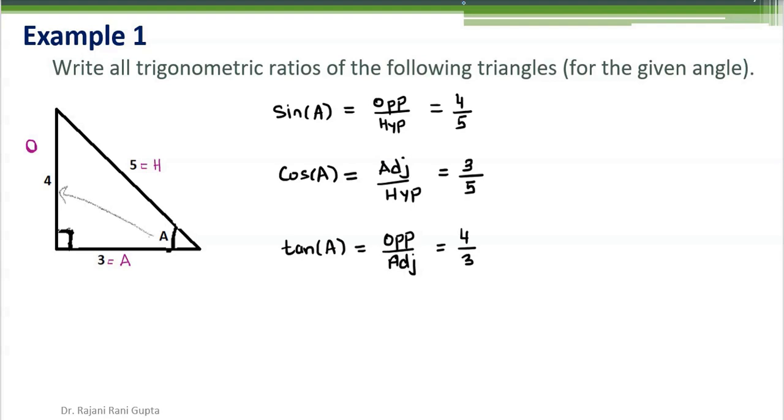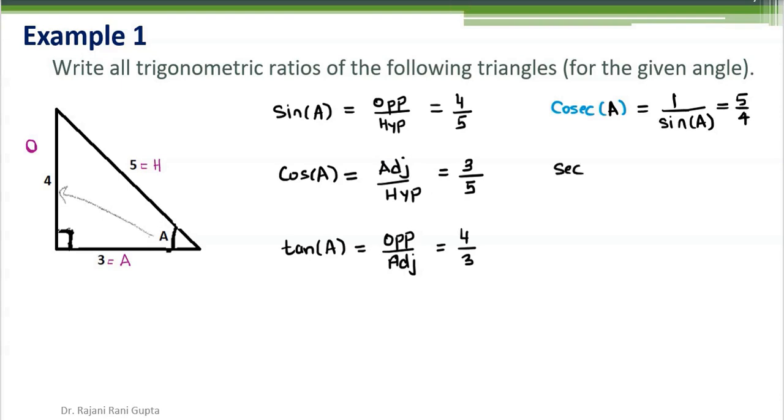Now, the rest three trigonometric ratios. First is cosecant of theta. In place of theta, what is the name of our angle? It is A, which is just the reciprocal of sine of A, so 1 over sine of A. So you can write it as 5 over 4.